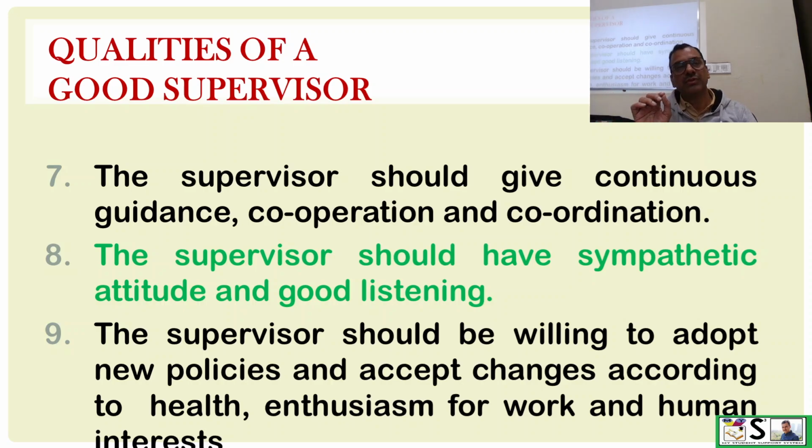Because at every step of the activity, the subordinates may need some support. So the supervisor should be supportive and should coordinate at every step of the activity, should have sympathetic behavior to the team, and should be ready to listen to the problems of the team.